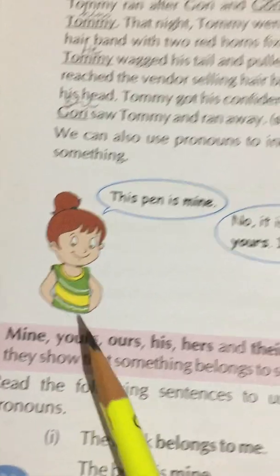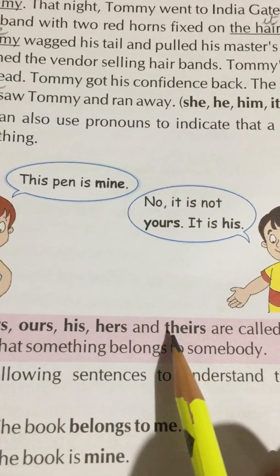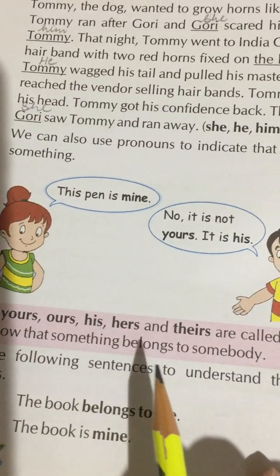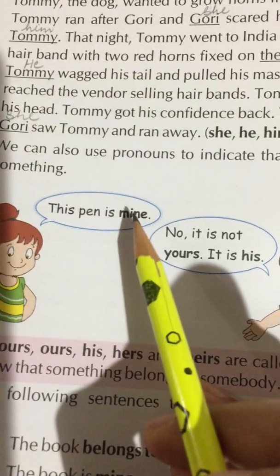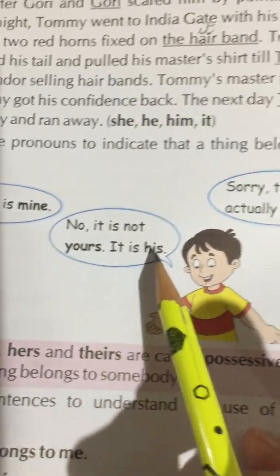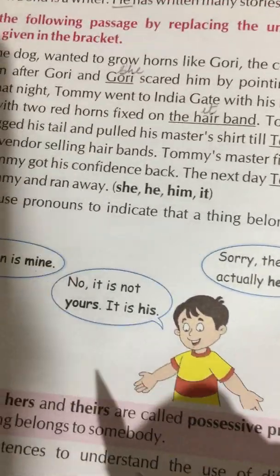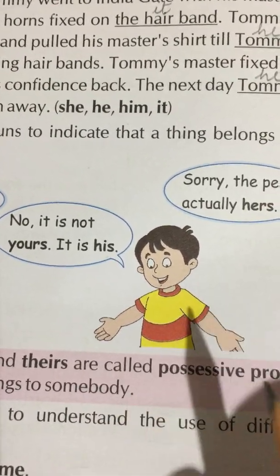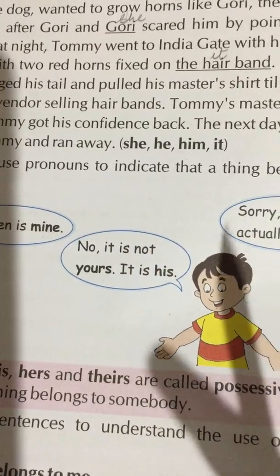Now, mine, yours, ours, his, hers, and theirs are called possessive pronouns because they show that something belongs to somebody. What are these? Mine, yours, his, and hers are possessive pronouns because they show ownership or belongingness. It shows that something belongs to somebody.